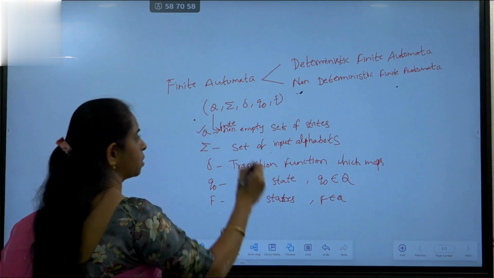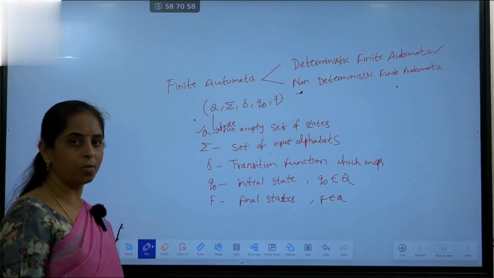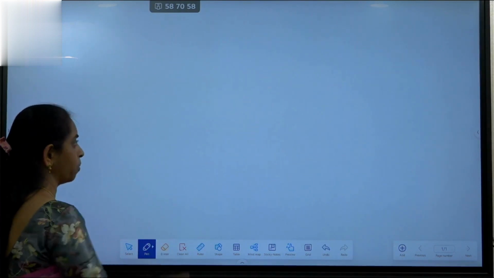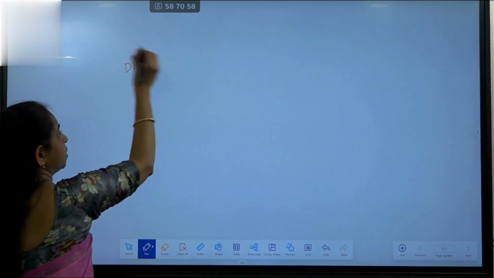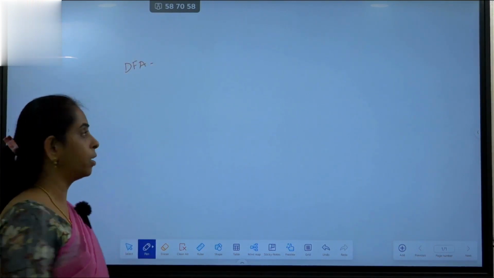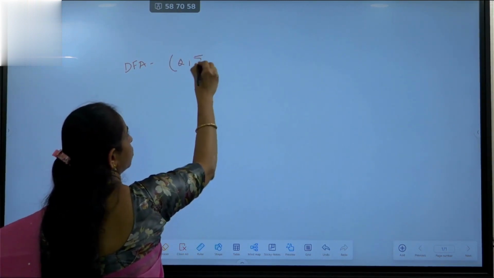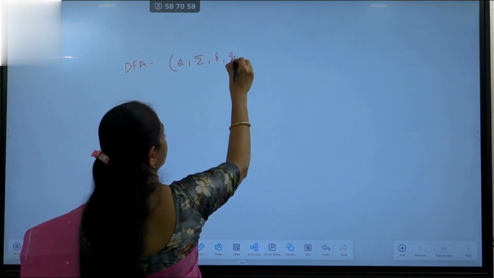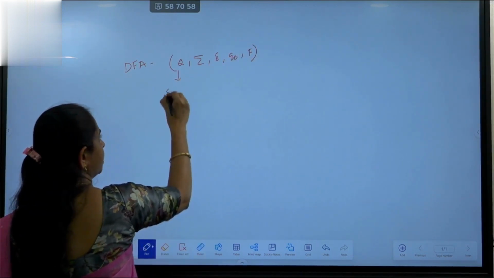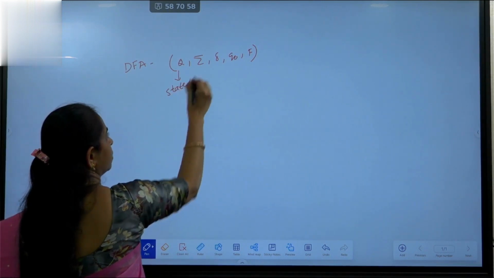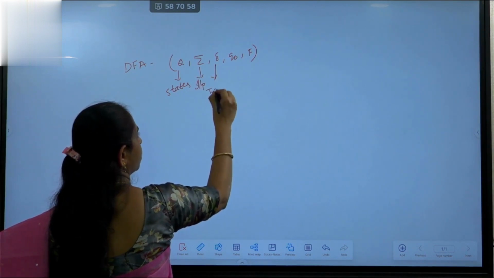Coming to the discussion, first we will see what a DFA is and its formal definition. Deterministic finite automata, simply written as DFA, also contains 5 tuples like the normal finite automata: Q, sigma, delta, Q naught and F. Q is the set of states, sigma is the input alphabet, delta is the transition function.